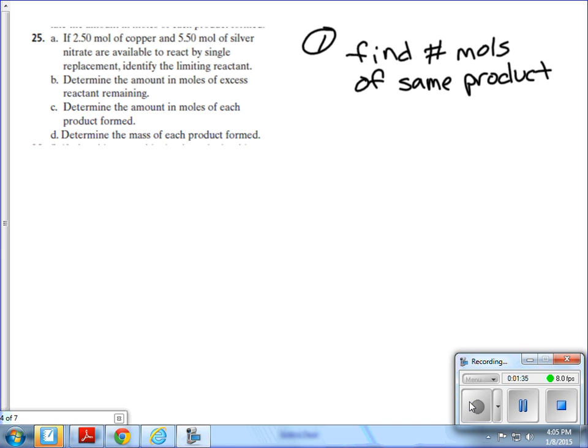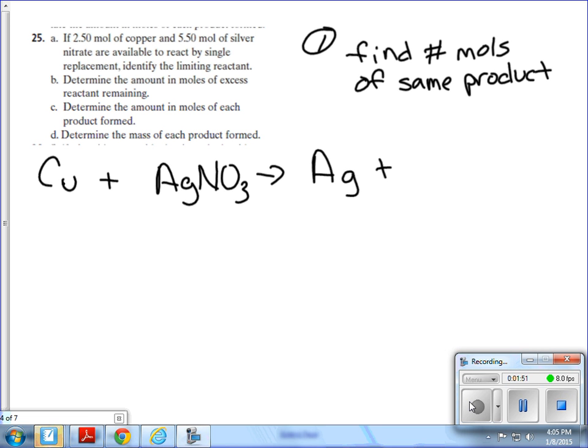So we have copper metal plus silver nitrate, single replacement reaction, so copper and silver trade places, and we end up with the silver by itself, and then a solution of copper nitrate, and then we have to balance it, so we need a 2 here and a 2 there, and we're good to go.